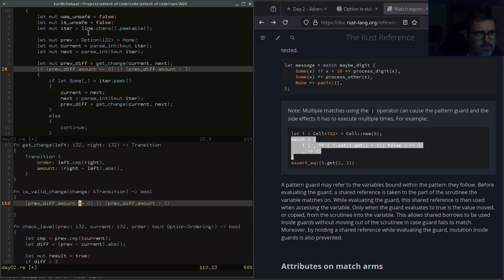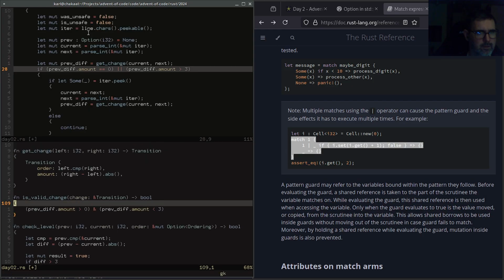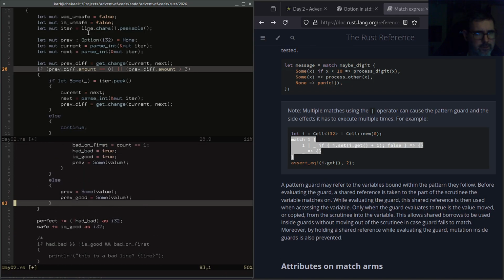So in this case, that's what our valid change is going to look like.